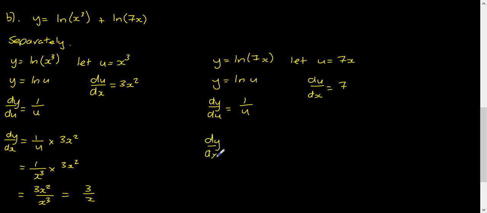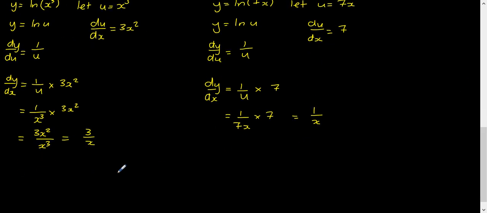Dy by dx, therefore, these two multiplied together, 1 over u multiplied by 7, sorry, 1 over 7x multiplied by 7, which is 1 over x. So our final answer, dy by dx, these two combined together, we've got 3 over x plus 1 over x, which is just 4 over x.